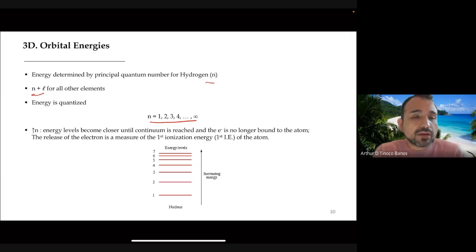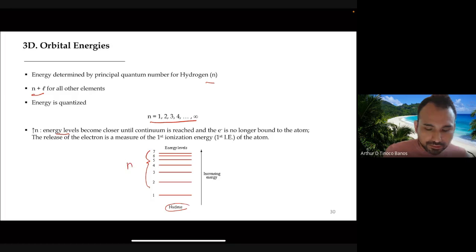Something that I have alluded to but not specified, and here I'm going to be much more specific, is that as you increase the values of n, the energy levels become closer. This is a representation of the nucleus, and here we have the quantum numbers, the n values.